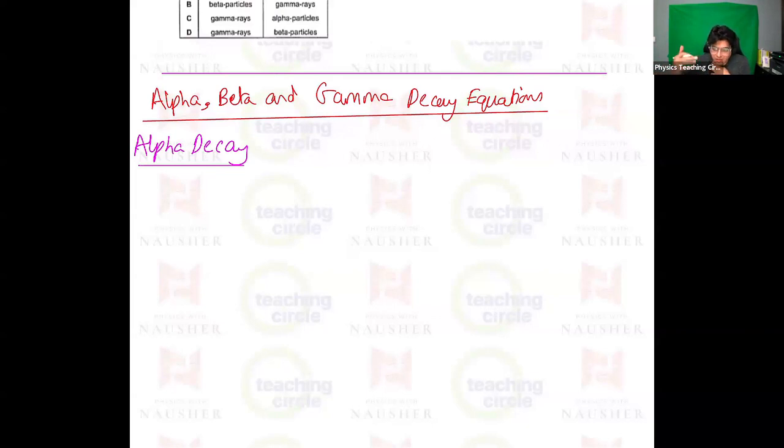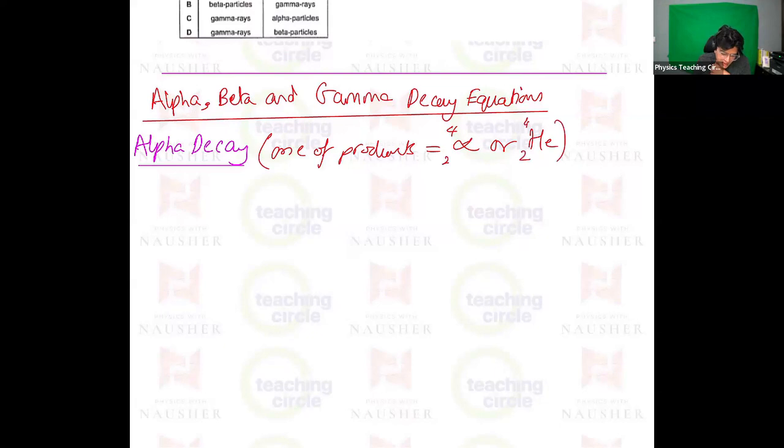When you say alpha decay, that means that one of the products of this reaction should be alpha or helium. Does that make sense? Alpha, 4 2, will appear in the products, or helium will appear. Remember, when you say alpha decay, it means alpha is thrown out. Alpha is a product of that reaction.